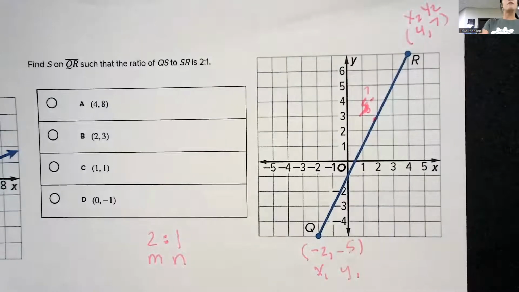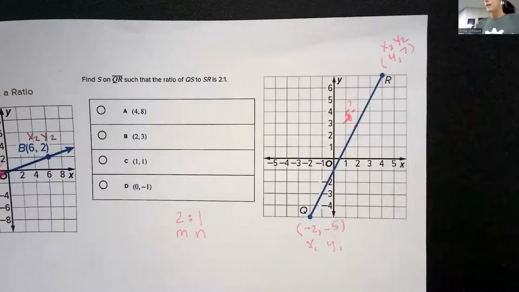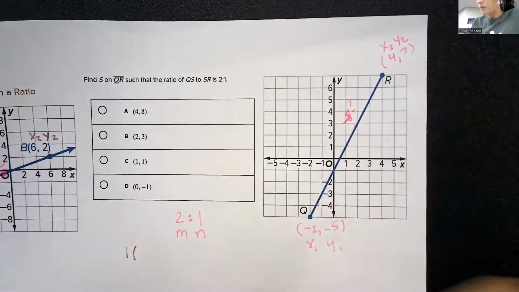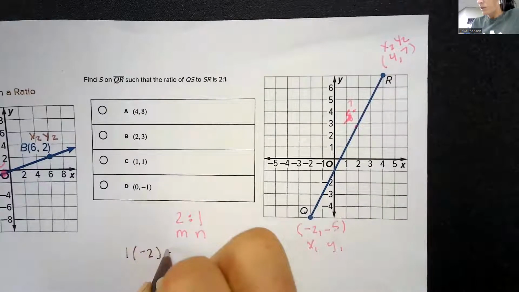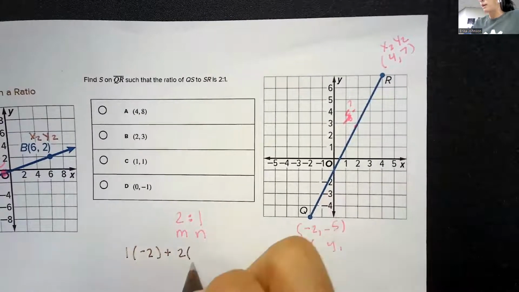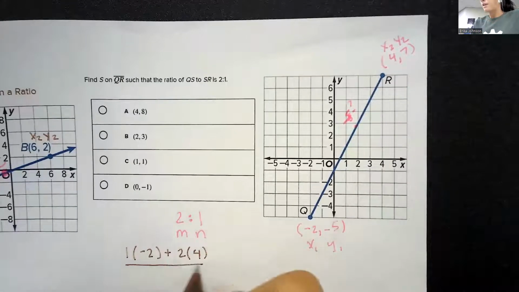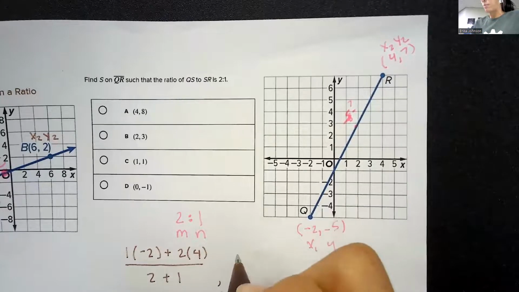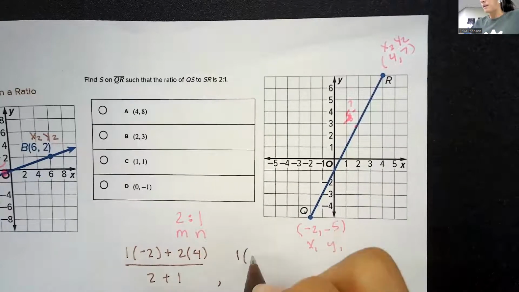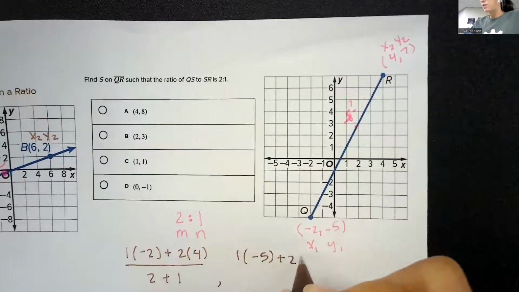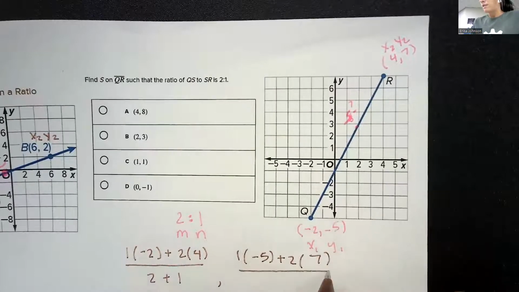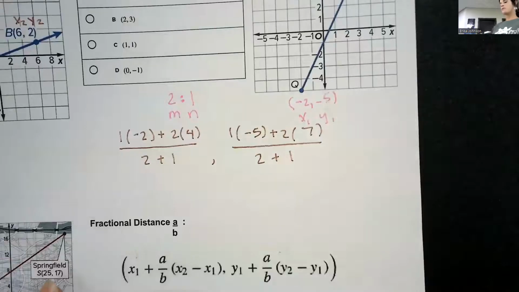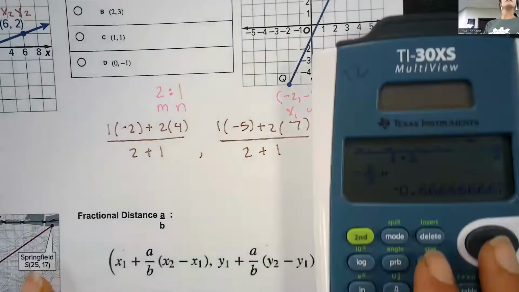So we plug into that formula. That gives me 1 times x1, which is -2, plus 2 times x2, which is 4, divided by 2 plus 1. That's going to give me x. And if I plug in for y, that'd be 1 times -5 plus 2 times 7 divided by 2 plus 1. That's just plugging into a formula. From there, we can use our calculator.